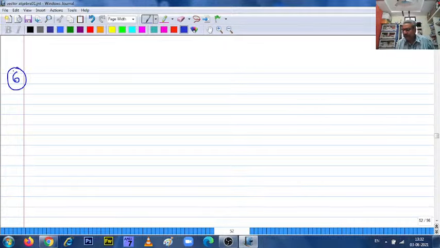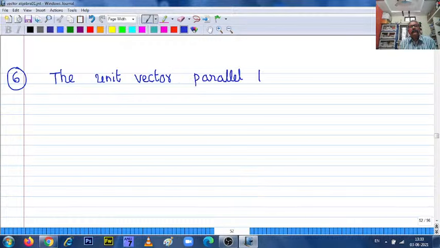Sixth problem, right. The unit vector parallel to i minus 3j minus 5k is the unit vector parallel to both.